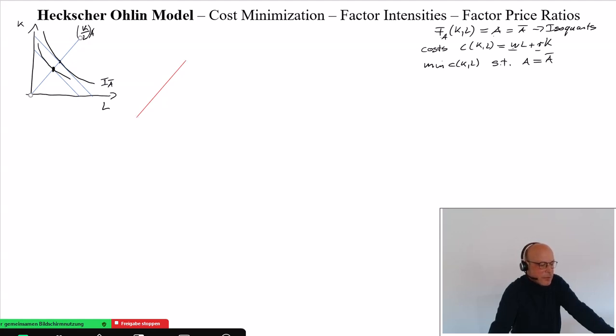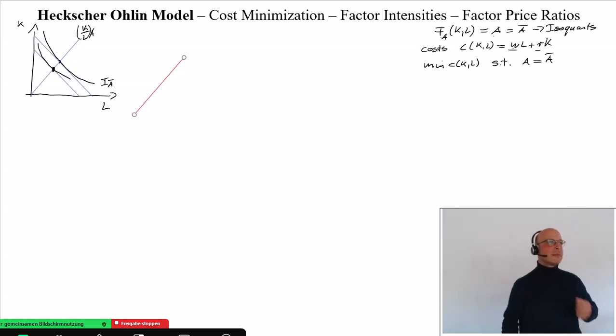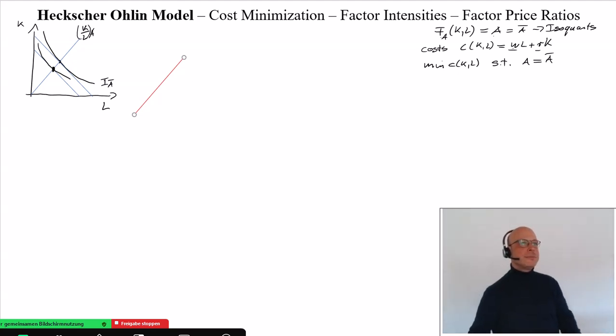So the slope of this blue line is representing K over L for A. How do I have to put this red line if this should represent a lower ratio of K over L? It's still K over L, but a lower ratio.